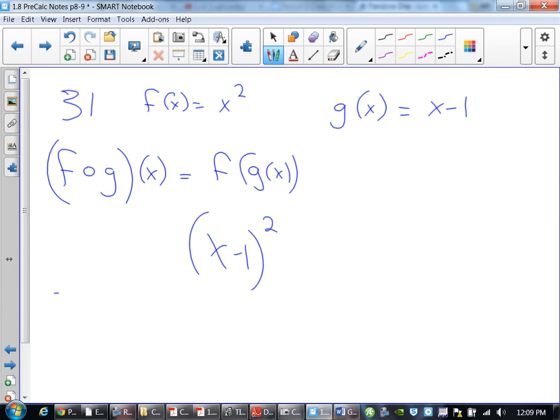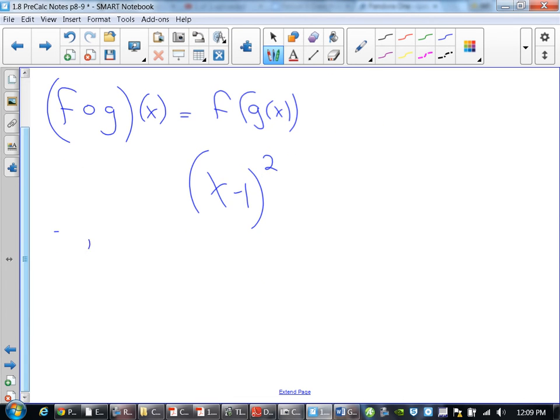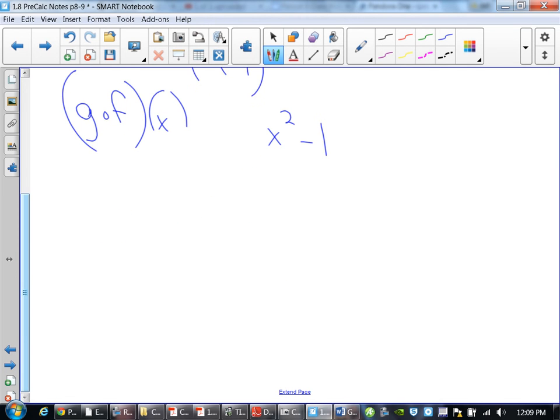The next one was G of F, might as well do them. So we take the F equation, which was X squared, and we subtract 1 from it. Wait. Remember, G of F of X means G of F of X. That's what that means.